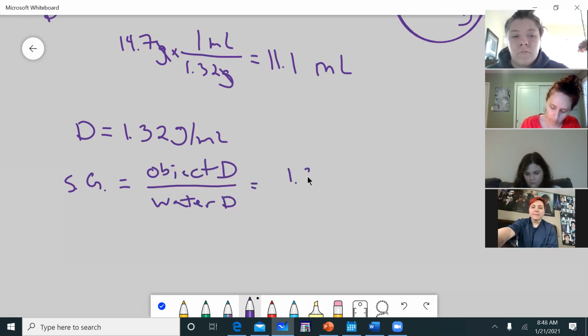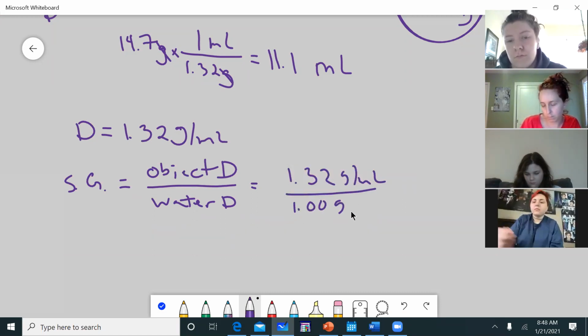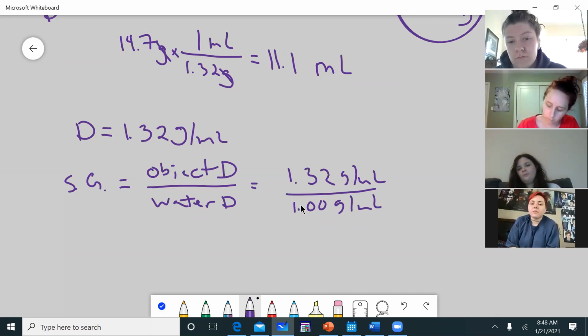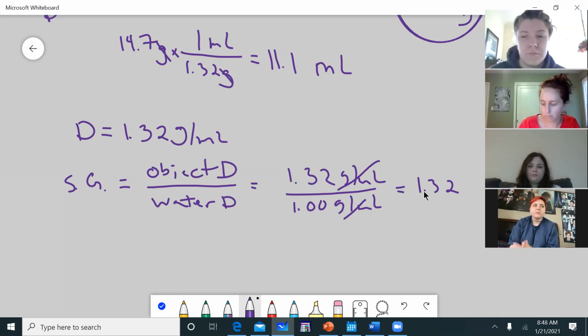So you're taking this 1.32 grams per milliliter and dividing it by the density of water, which is 1 gram per milliliter. So you're not changing the number. It's still going to be 1.32. What happens? The units cancel. So it just becomes a unitless value.